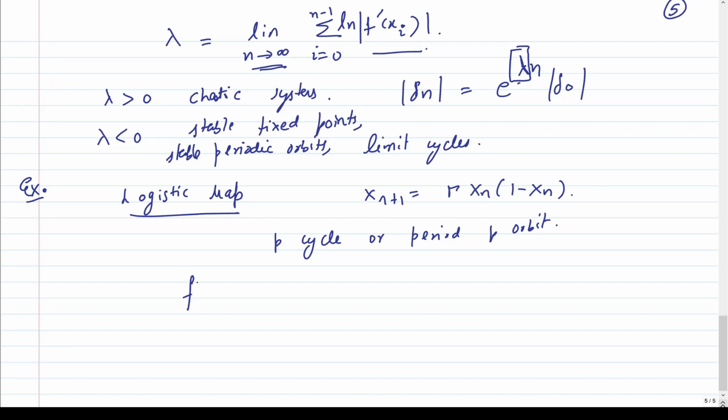Notice a period p orbit essentially means that a new map, which is the initial map applied p times, has this as a fixed point.